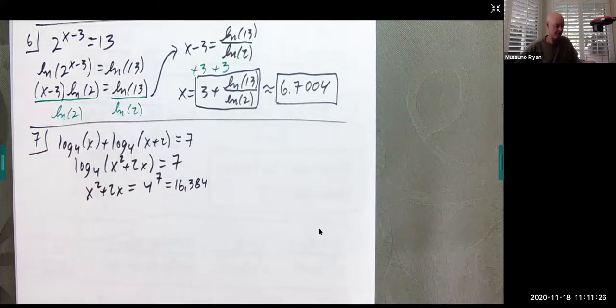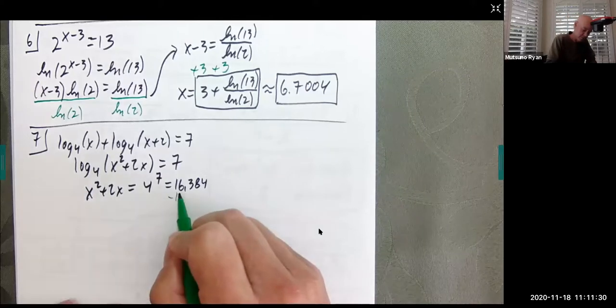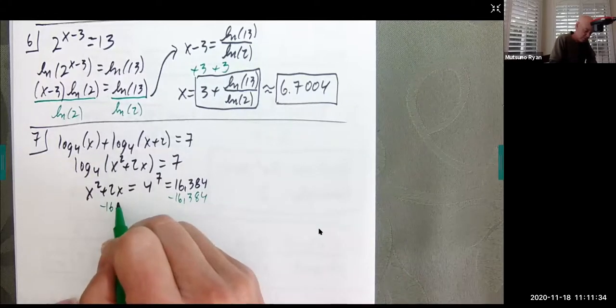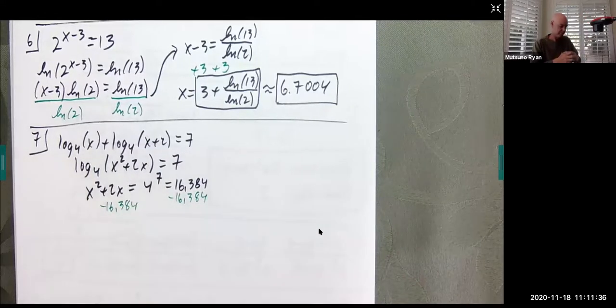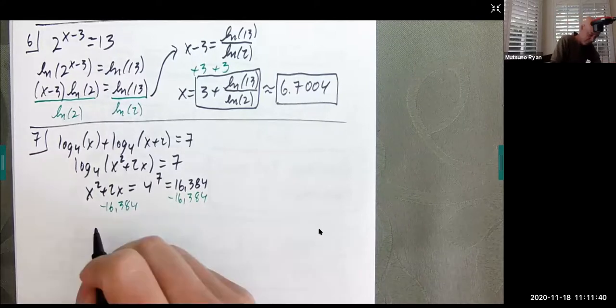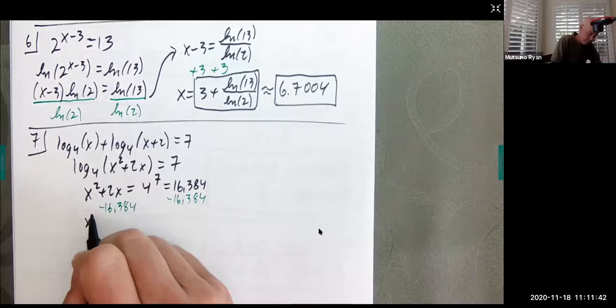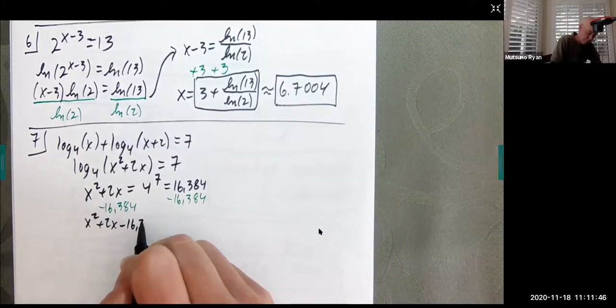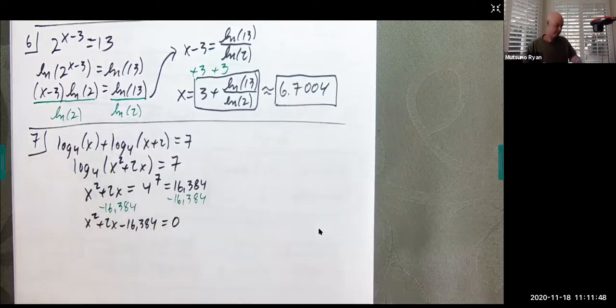And because I now have a quadratic, I got to get the whole thing equal to 0. And now I'm going to have to use the quadratic formula.